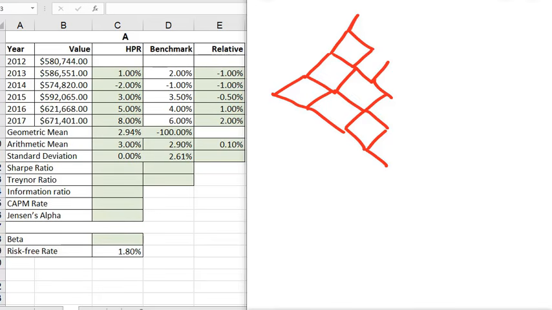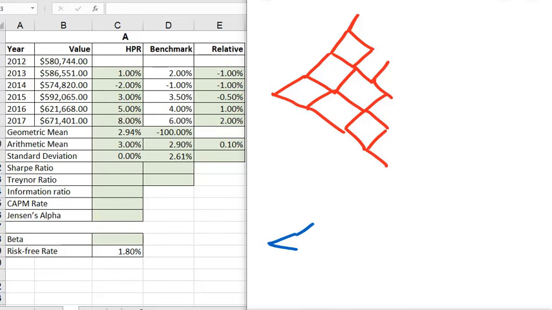Now compare that with an asset that is not as volatile. In other words, it could go up, it could go down, but the difference there is not as wide as this one right here.